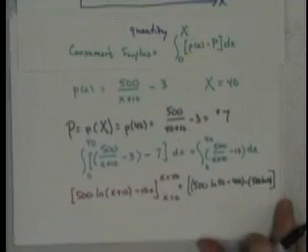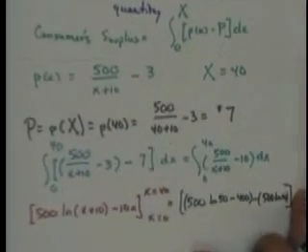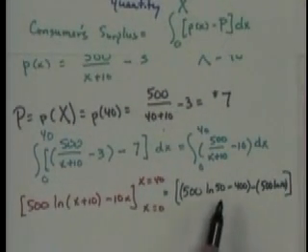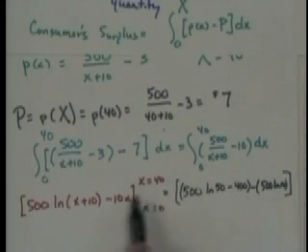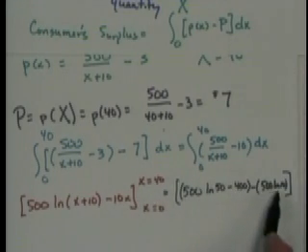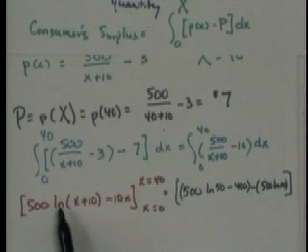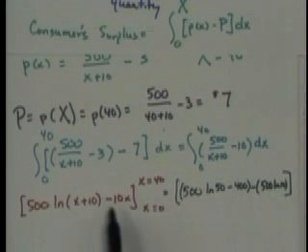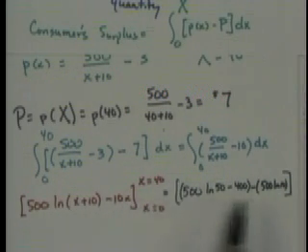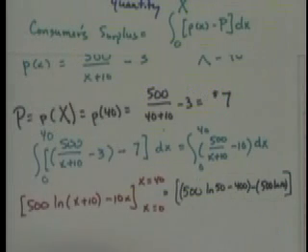So I get 500 times the natural log of 50 minus 40 times 10, which is 400, minus, and then I have to plug in 0: 500 times the natural log of 10 minus 0. And then I have to figure out what that is. Can't do logs, so I'll just do that.